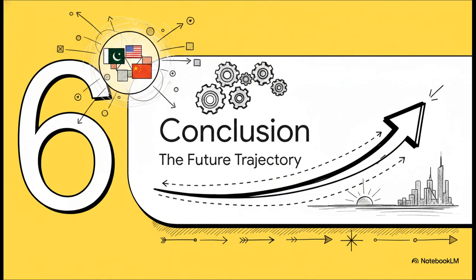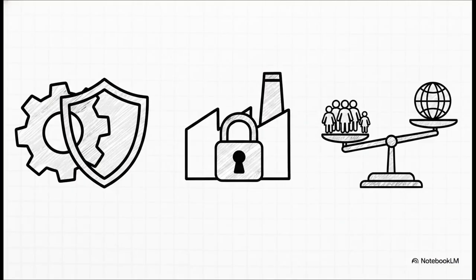All right, final stretch, Section 6, Conclusion, the future trajectory. Let's synthesize all this strategic and economic analysis. Here are your final, hard-hitting analytical takeaways. First, the nature of the China-Pakistan relationship has fundamentally shifted. It's moving away from grand, abstract economic promises and leaning heavily into pragmatic, concrete defense and industrial integration.